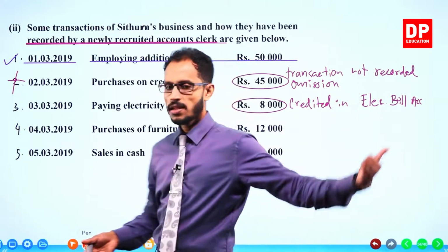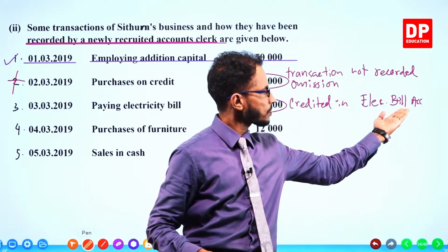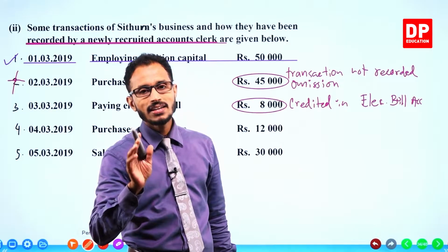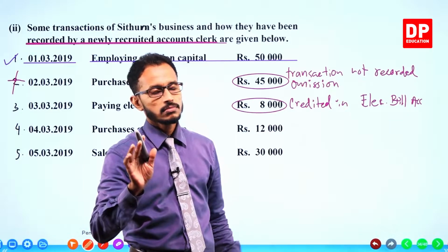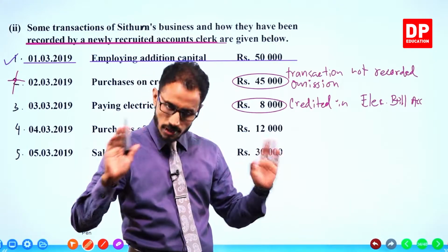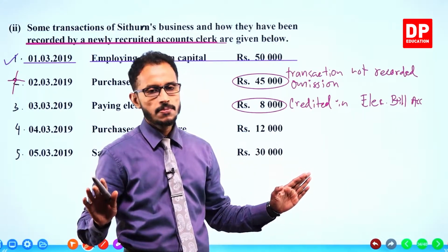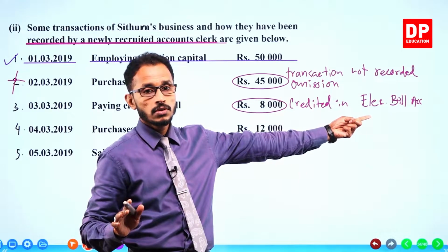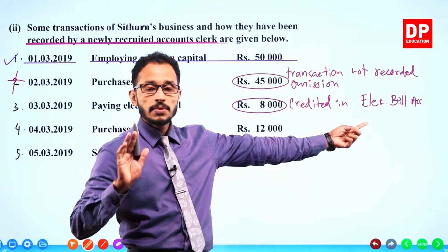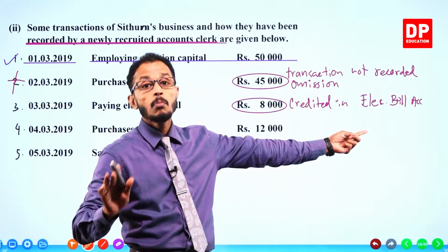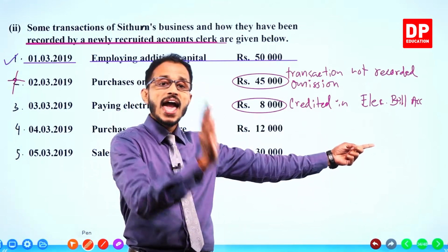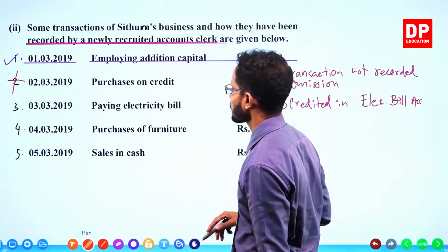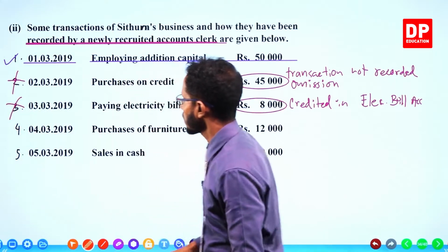See, that is the mistake, that is the error. It's credited in the cash book correctly, but again credited in electricity bill account. So you can say electricity bill paid is credited both in the cash book and in the electricity bill account, and that is error. Next one, this is also error.